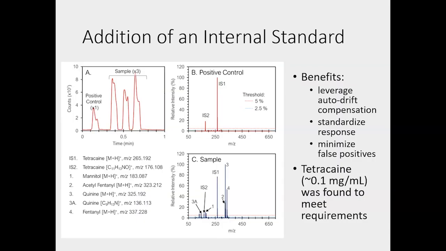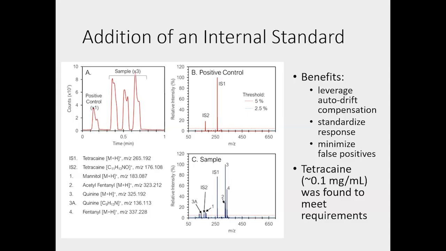So we did decide to implement an internal standard, and we did an internal standard study to see if there was any limitations in using an internal standard solution. We chose tetracaine because we don't see that in case work samples very frequently. And so there's a 0.1 milligram per milliliter tetracaine internal standard. That's what we use.